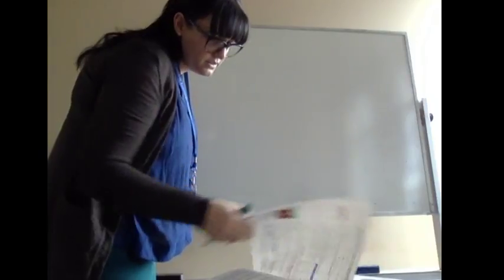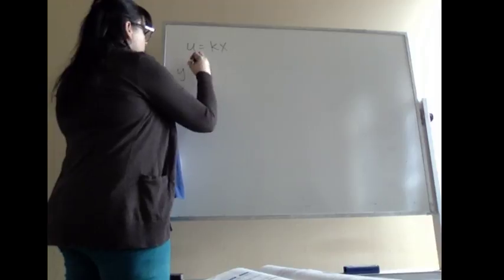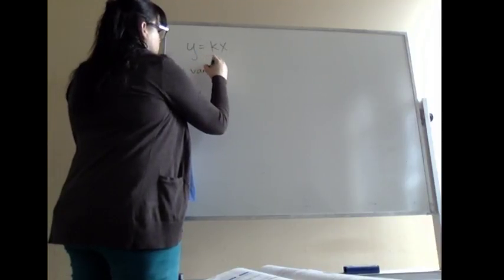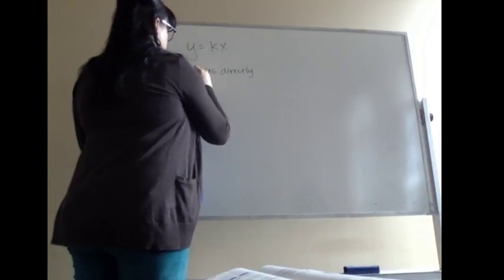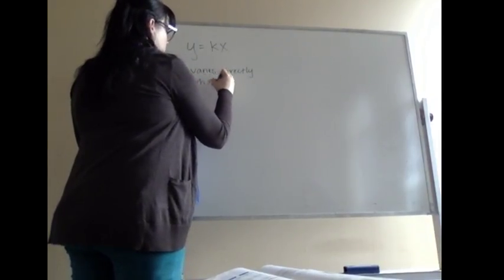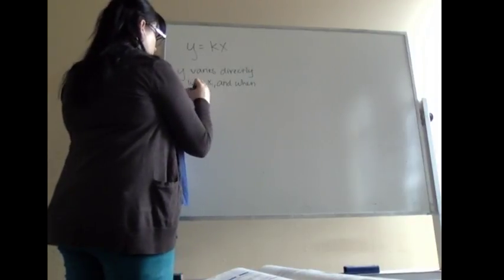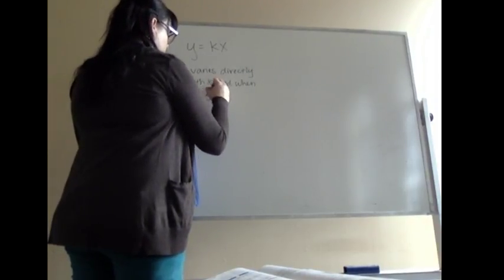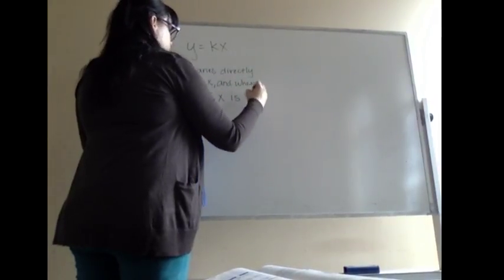That's weird. Okay. So they can say something like, y varies directly with x, and when y is 5, x is 2.